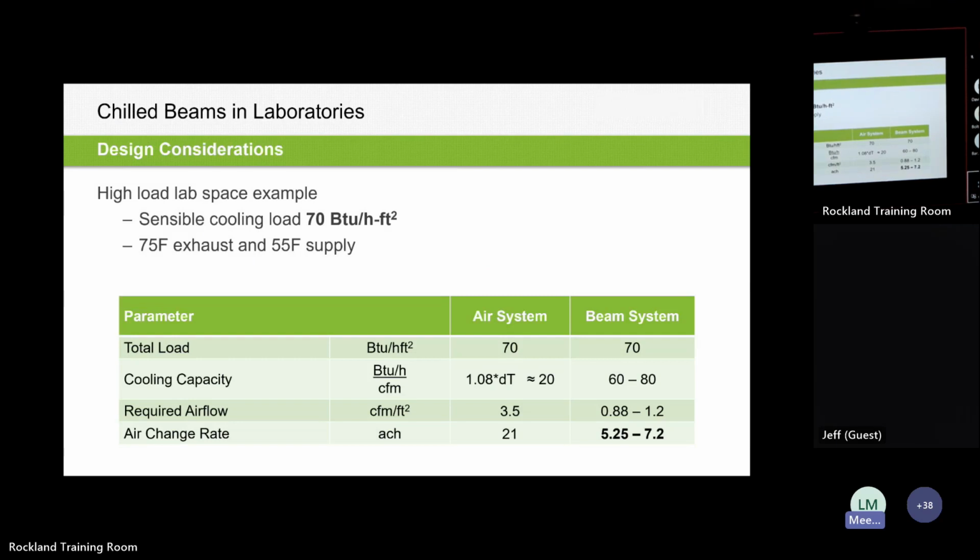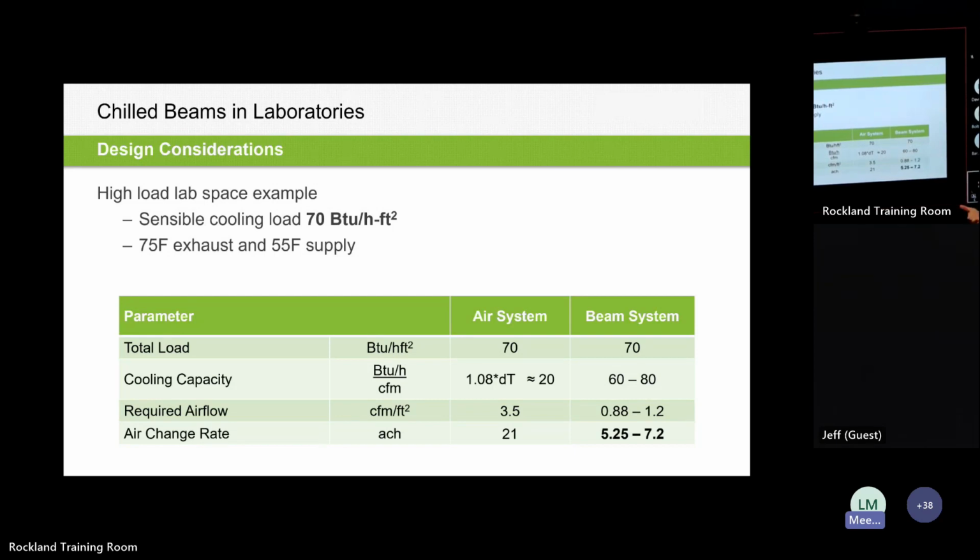Now, zeroing in on the chilled beams in particular, if we look at this high load lab space example, where let's just say there's 70 BTUs per hour per square foot, this is a very top level view of the potential cooling capacity with these systems. This is really what drives those energy savings, so let's think in BTUs per CFM, or the transfer efficiencies of the two types of system.